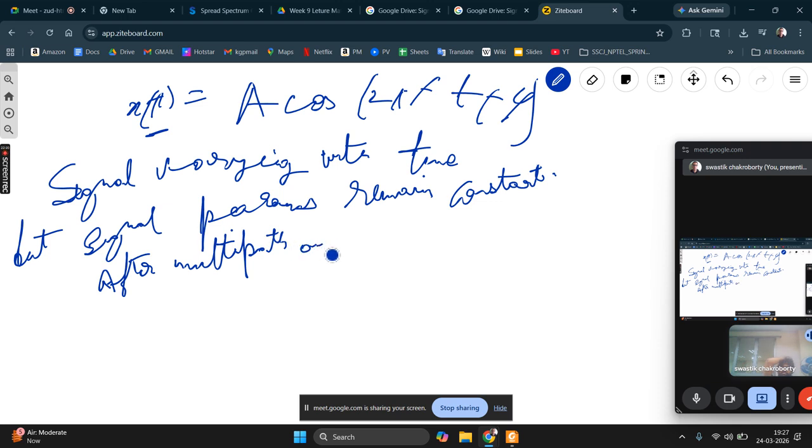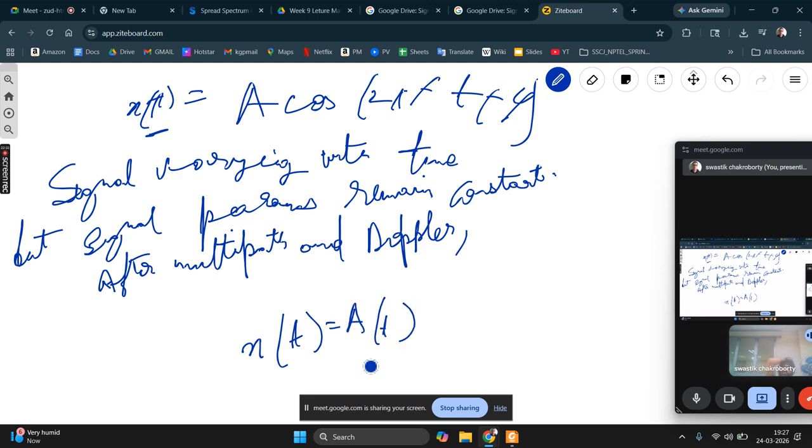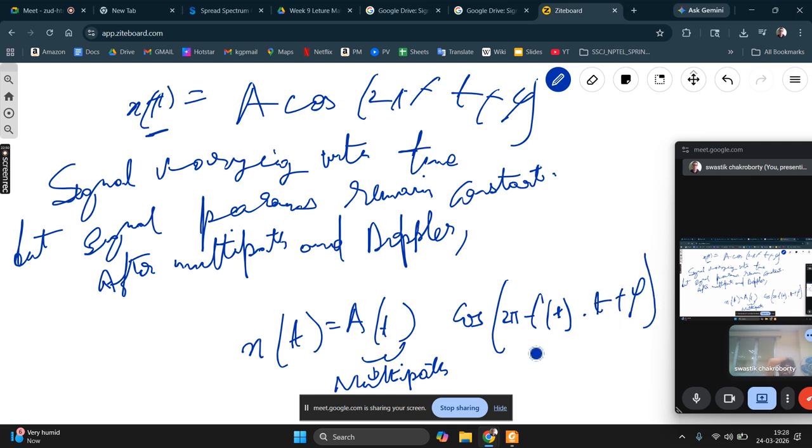After multipath and Doppler, if you inject both delay and Doppler into this signal, what we will get is x(t) = A(t) cos(2 pi f(t) t + phi), where A(t) is because of multipath and the frequency term is because of Doppler.